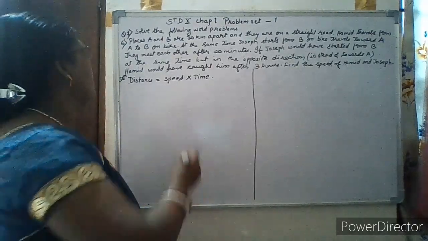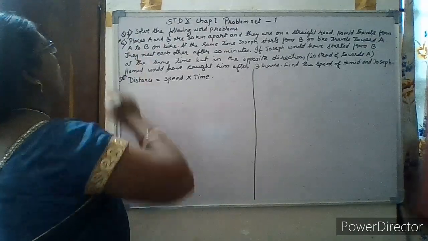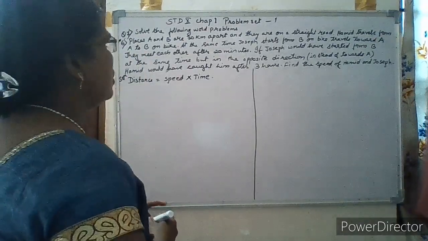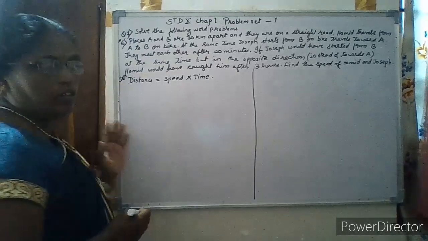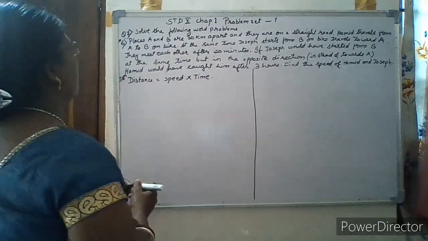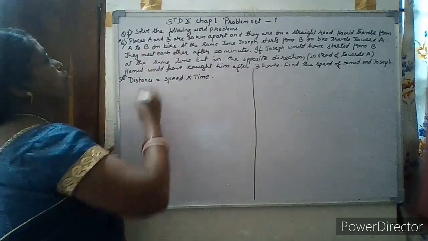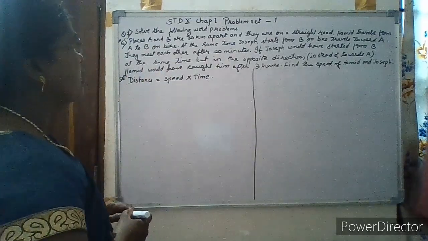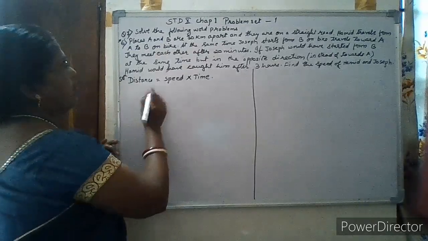Let us start with the sixth question, the last question, and it is a star mark question. So little bit a complicated question. So listen carefully and try to understand, please. Now see here. Places A and B are 30 kilometers apart. Two places are there.